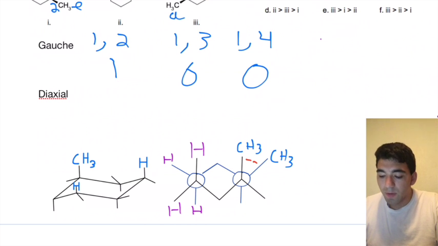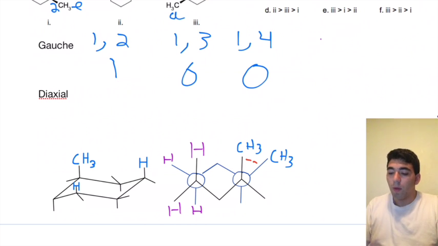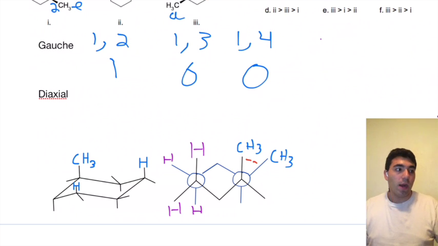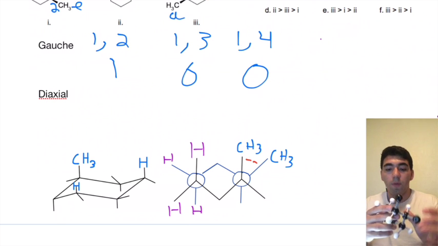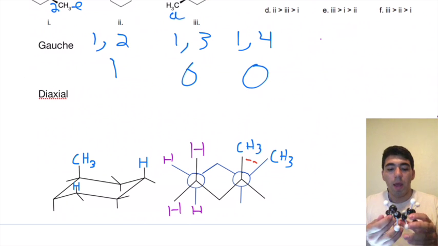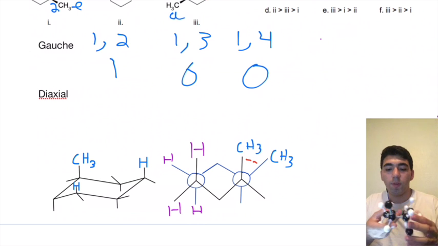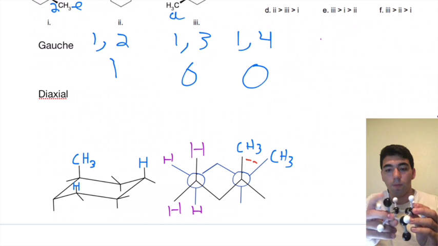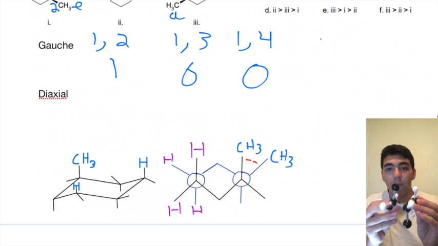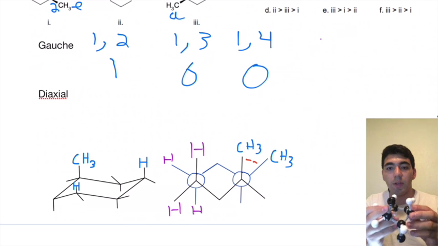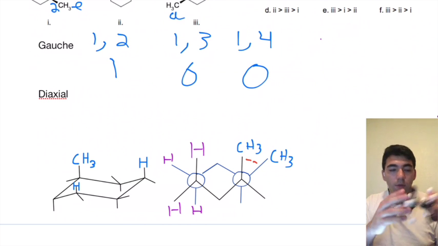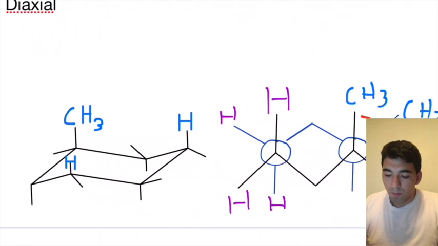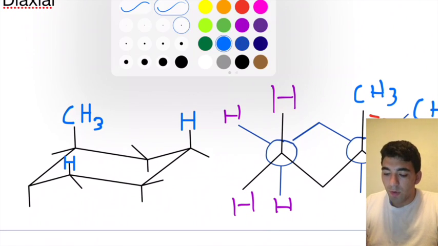Next, we'll look at diaxial interactions. For those, it'll only count if we have axial position carbons, obviously. And diaxial interactions occur when you have those axial position methyls colliding with other hydrogens. So a methyl group colliding on top on the 2 axial positions with the hydrogen and with the other hydrogen. So we can draw this out, and we'll draw out those interactions.